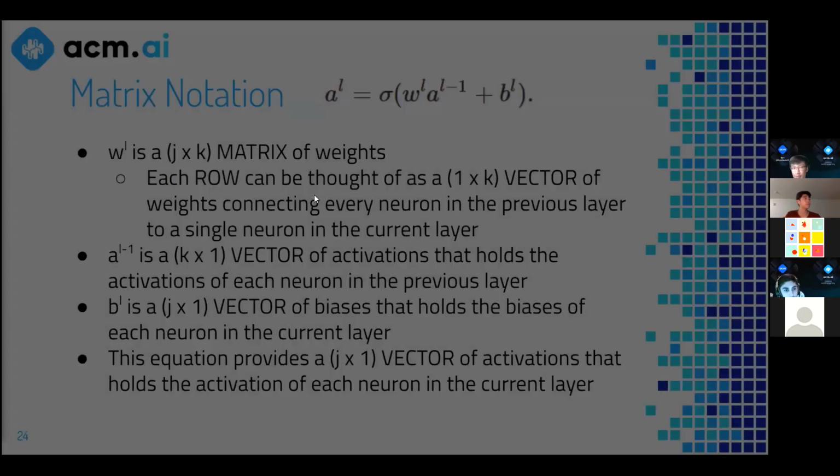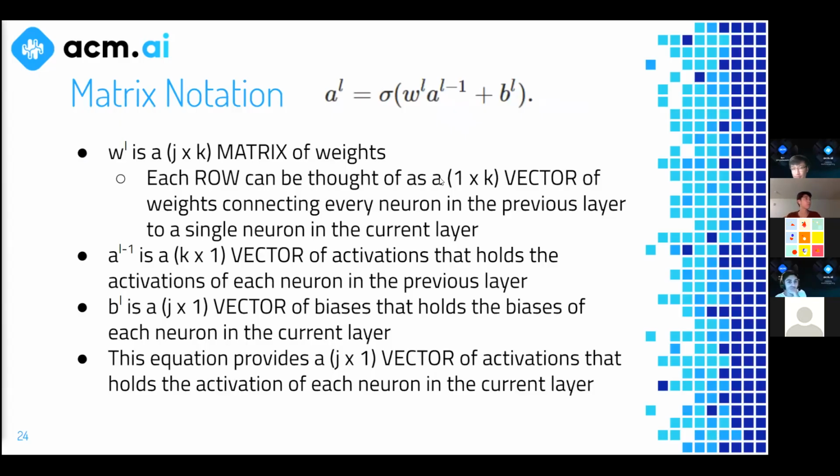Okay, now, this is what I was talking about with you guys last week, where I said we were first going to show you how to do it for one neuron, and then show you the matrix linear algebra way of thinking about it. Because in reality, the computer is going to be computing all of the activations in one layer at once, and it leverages the tools of linear algebra to do that.